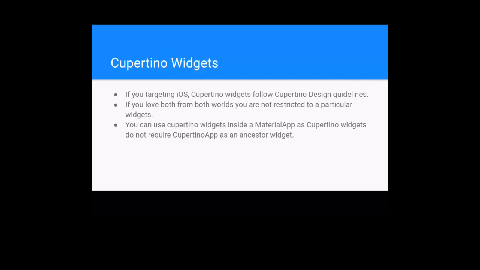So what do I mean? If you use, let's say, a date picker inside an app, it will give you the Google-looking calendar with a timer, the kind of stuff you see on Android.